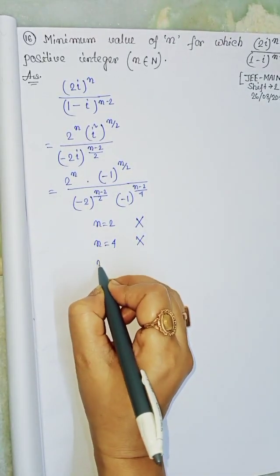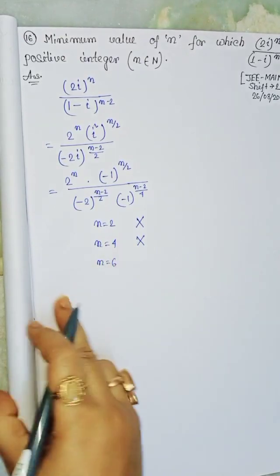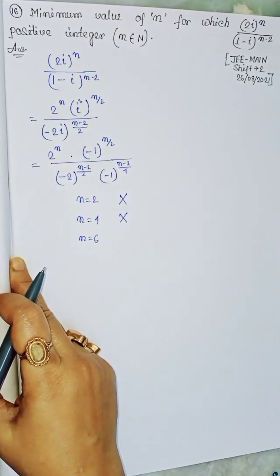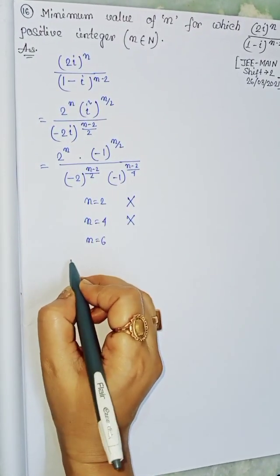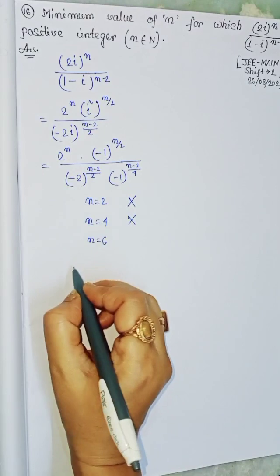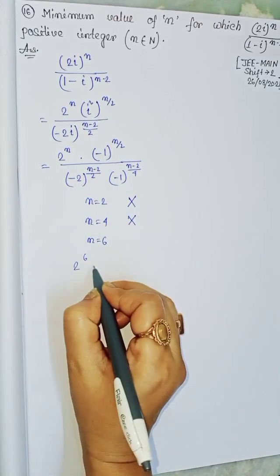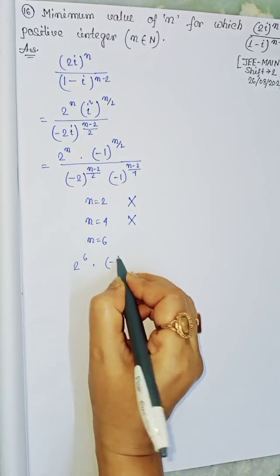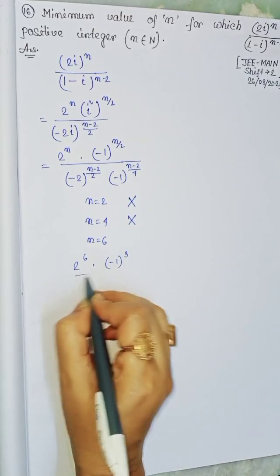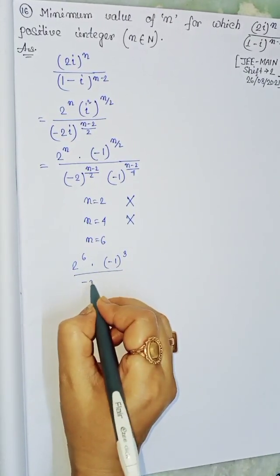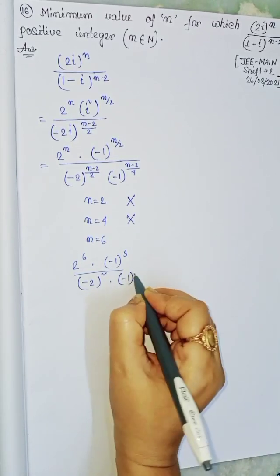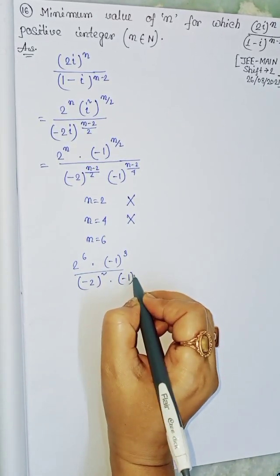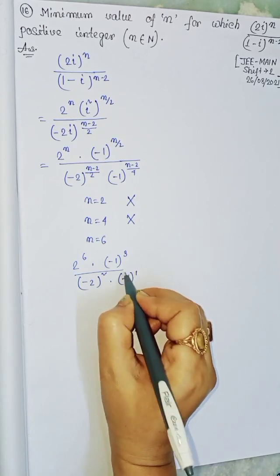Now take n equal to 6. When n equal to 6 is taken, then this becomes 2 to the power 6 into (-1) to the power 3 divided by (-2) to the power 2 into (-1) to the power 1.